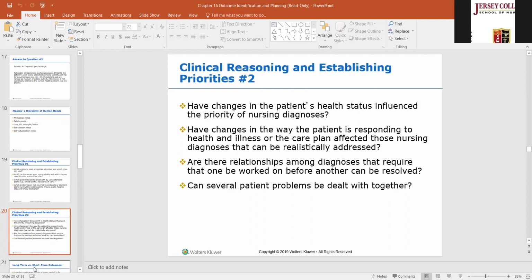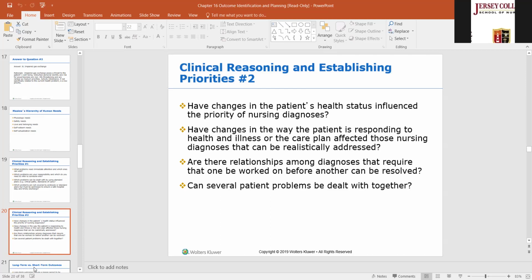Have any changes occurred in the patient's health status that influenced what we currently wrote or what we have in place? Have any changes in the patient's response to the health or illness occurred? Is there any relationship between the diagnosis that we previously had and another one that can be worked on so that we can resolve them?